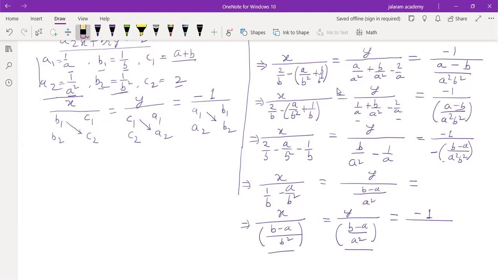Now this minus will be cancelled out, so it is 1 upon b minus a over a square b square. This minus is not there. It is b minus a upon a square b square. Understood, everyone?